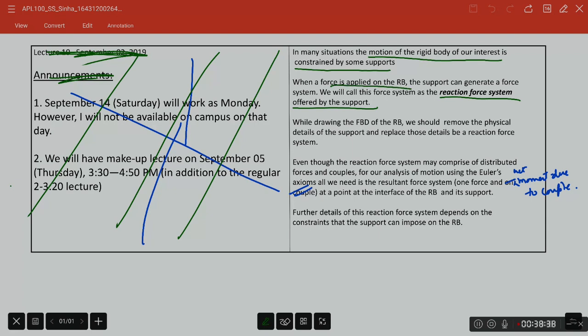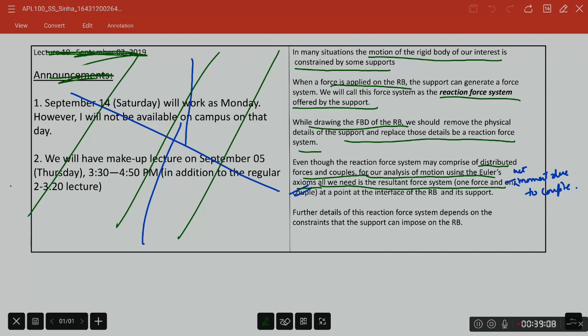Even though the reaction force system may be comprised of distributed forces and couples, for our analysis of motion using Euler's axiom, all we need is the resultant force system with one force and one torque. Further details of this reaction force system depend on the constraints that the support can impose on the RB.